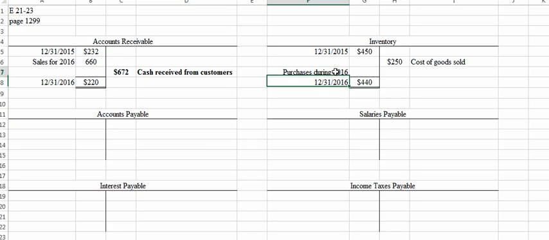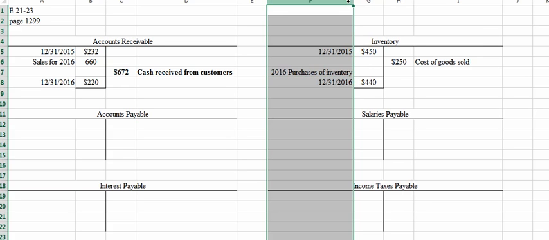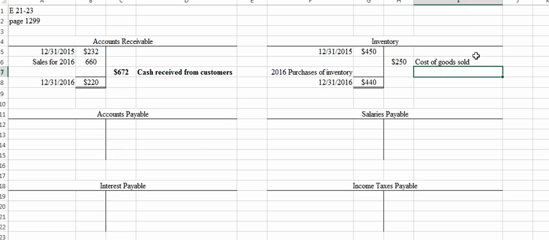I like saying it this way better. Hang on. 2016 purchases of inventory. And of course that's cost of goods sold for 2016 as well.